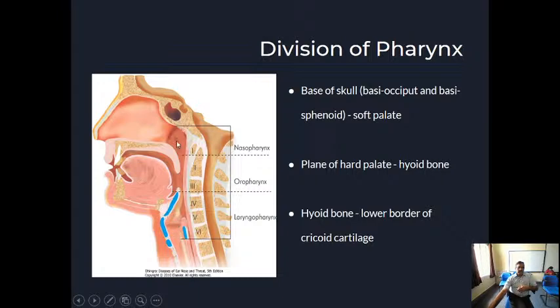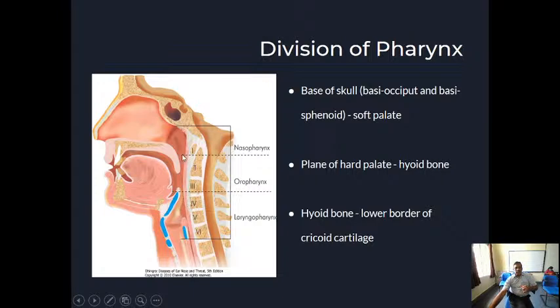So the pharynx is a muscular tube extending from the base of skull to the cricopharynx, divided into three parts: nasopharynx, oropharynx, and laryngopharynx. Nasopharynx is behind the nose, oropharynx is behind the oral cavity, and the laryngopharynx is behind the opening of the larynx.